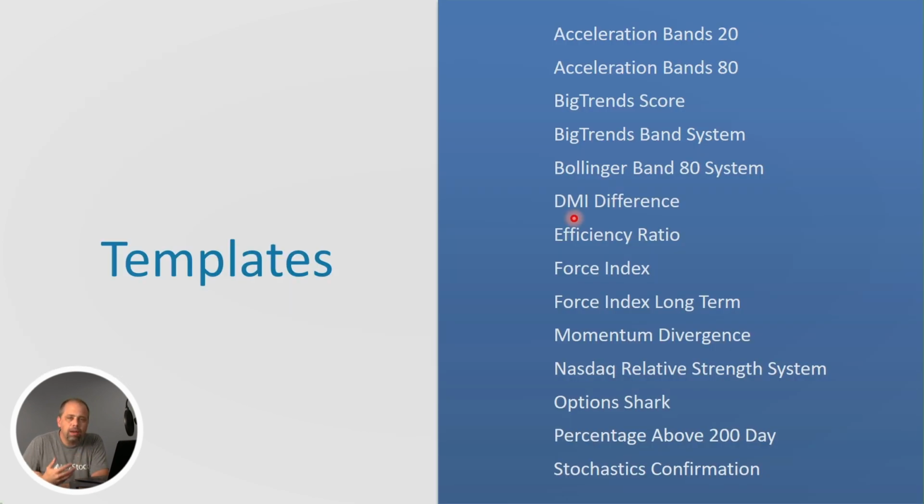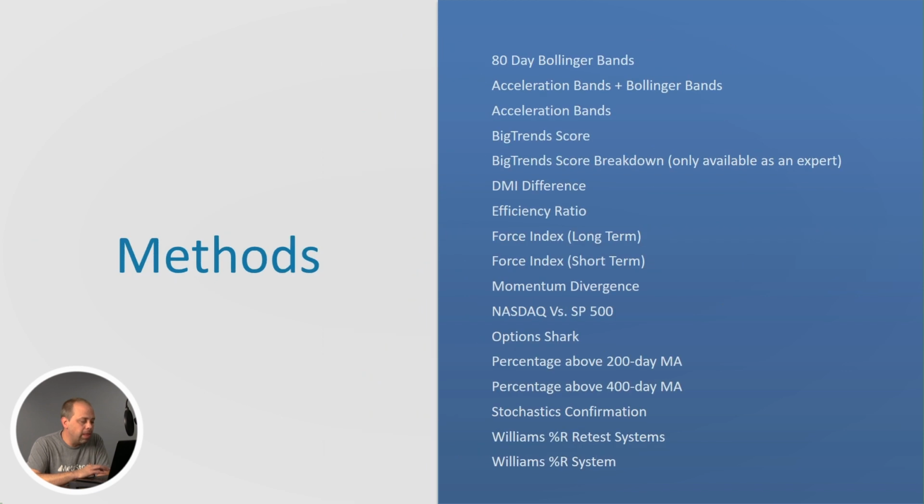Again, as I said before, you're going to get all of the templates, all of the indicators, all of the system tests that have made this particular add-on for MetaStock one of the most popular that we've ever created. And in addition to that, you're going to get scoring in all of them.